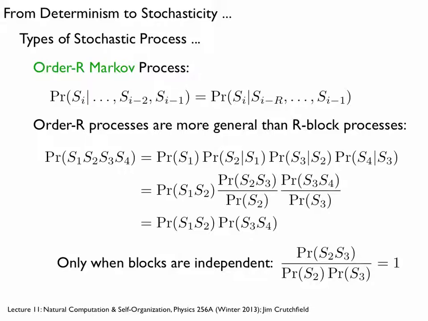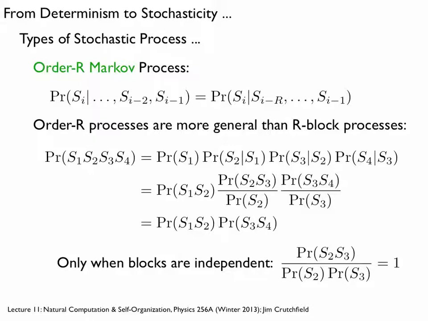And then rearrange things. And then you notice that I can end up with a two-block process where the blocks are independent if this ratio is equal to 1. So if I assume that the joint distribution between the second and third random variable factors into its product, namely that those two random variables are independent, then I'm breaking the dependence here.